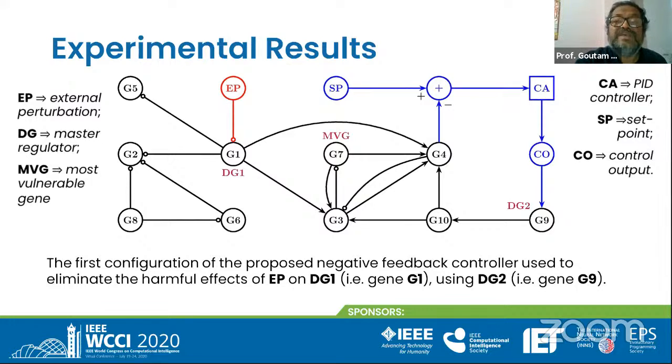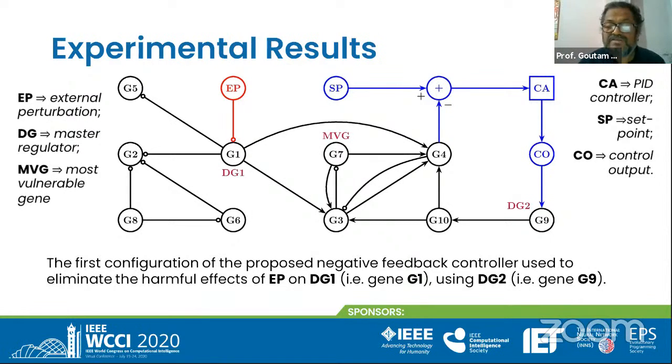So from G4, I am taking an output. SP is the original expression value of G4, the normal expression value, and presently G4 is the most disturbed, so it has some other expression value. The normal minus abnormal gives you the error function, which goes to the control action, this PID controller.